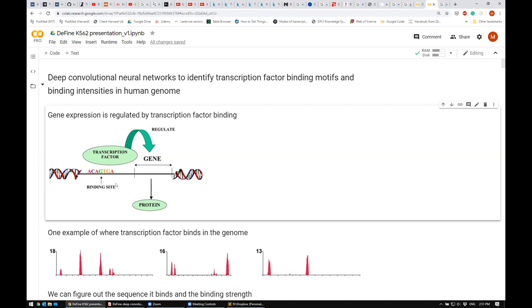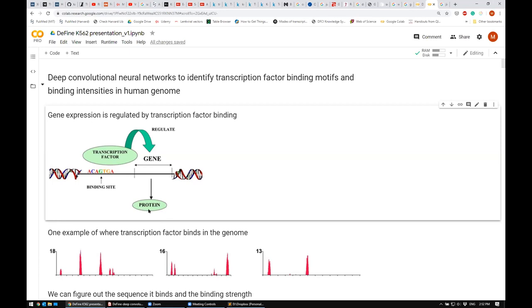The reason understanding this is important is that nowadays scientists have found a lot of diseases, for example, where a person is more susceptible to a disease, a lot of times because they have a mutation in this binding site, and that mutation causes a transcription factor to bind very tightly, which significantly enhances the production of these particular proteins.